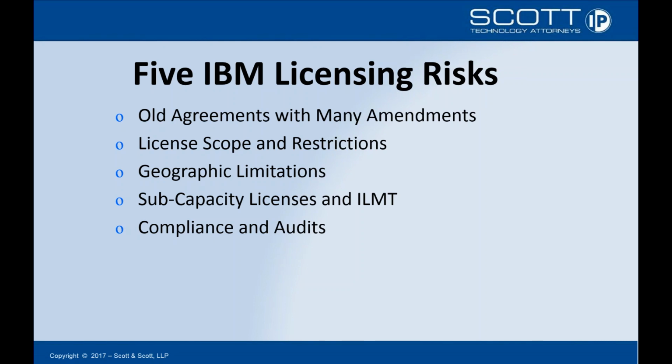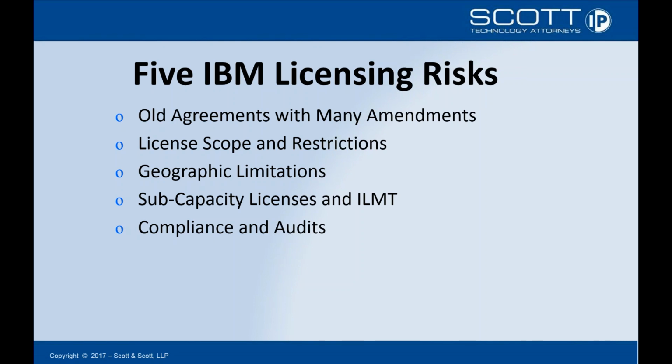There are multiple document repositories that IBM's clients use internally to store those documents, and it can be very difficult to locate the documents, let alone compile a complete set of signed agreements to evaluate a licensing position or answer a particular licensing question.